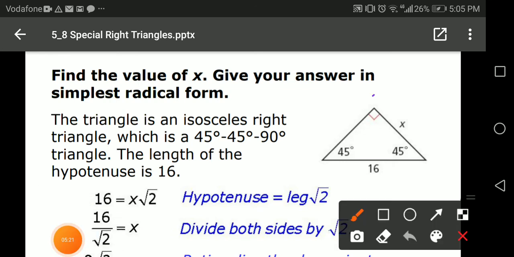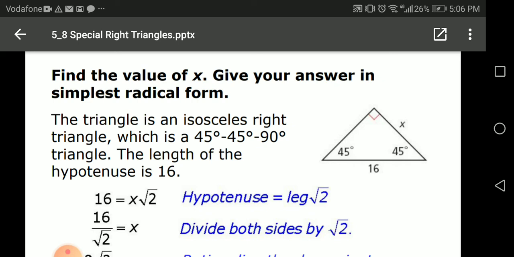For this example, find the value of x. Give your answer in the simplest radical form. I have 45 degrees, 45 degrees and 90 degrees, so this is the 45-45-90 triangle theorem. And don't forget, I have an isosceles triangle here. Why isosceles?